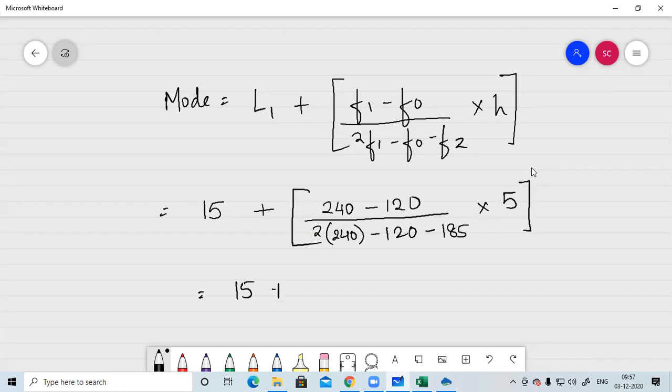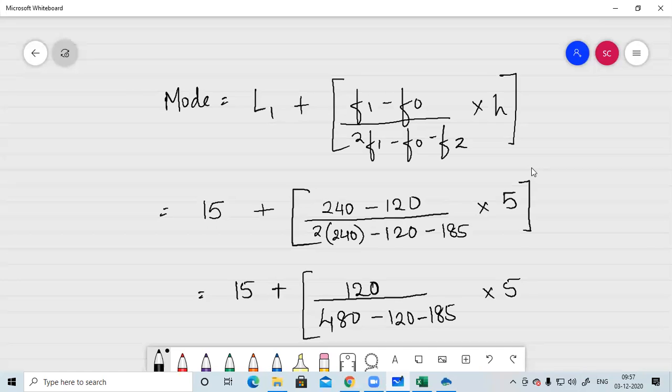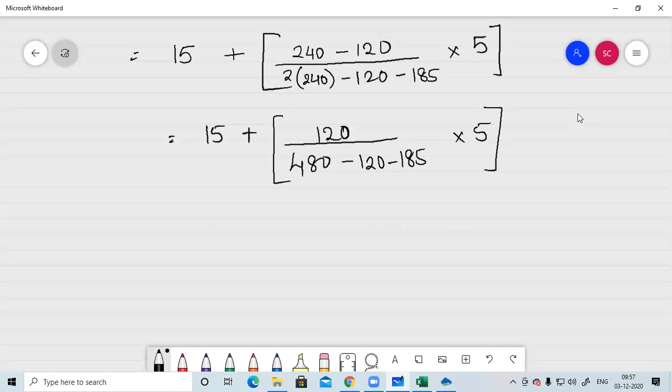So again 15 plus 120 divided by 480 minus 120 minus 185, into 5. So 480 minus 120 minus 185 will give you 175.